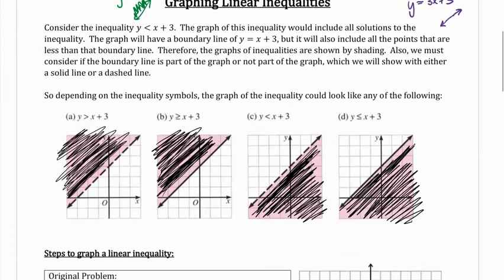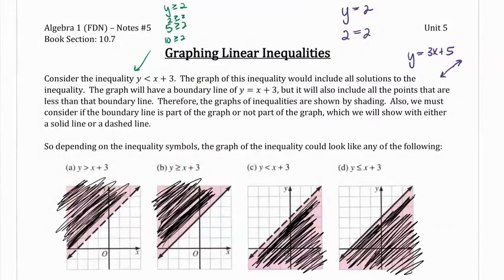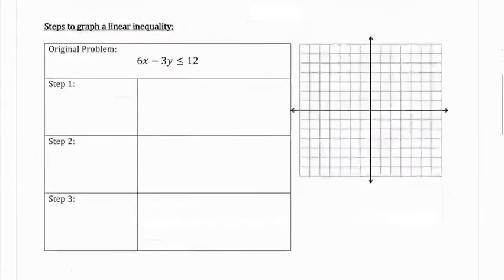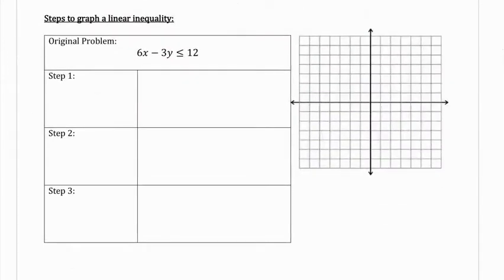Okay, so let's erase all my scribbles up here. Let's go through how to do this and how to graph it. Steps to graph a linear inequality. Here's our original problem: 6x minus 3y is less than or equal to 12.